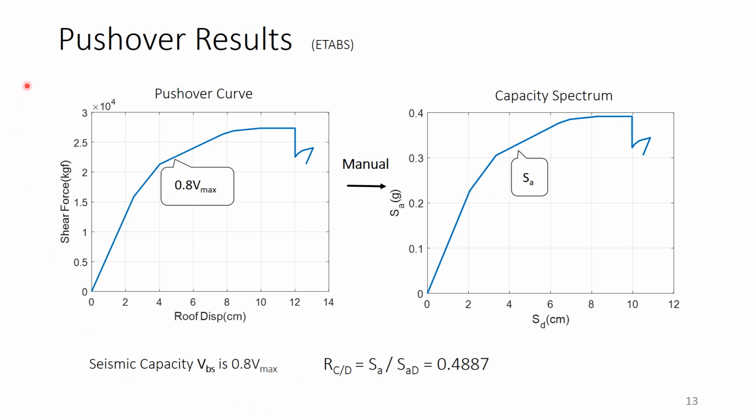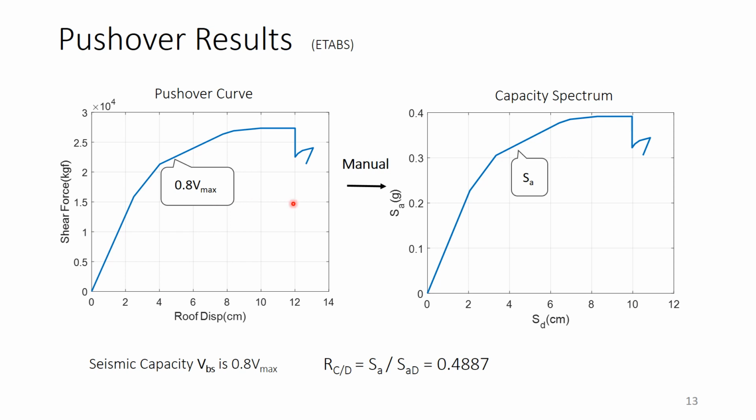So these will be the pushover results carried out by the pushover analysis in ETABS. For the left figure, it is the pushover curve. Since this structure is an emergency shelter, the capacity is chosen to be 80% of Vmax.